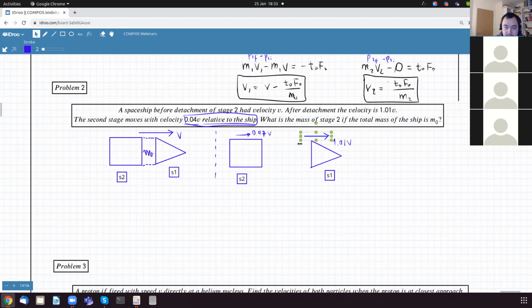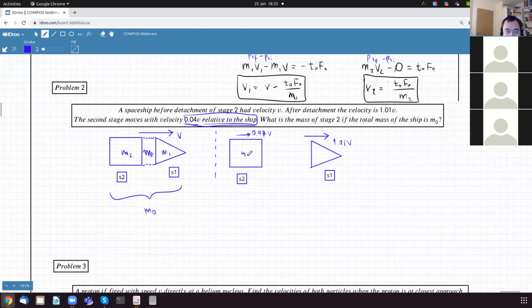All right. Good. And now we can say the total mass of the ship is m0. Let's call this m1, and let's call this m2.